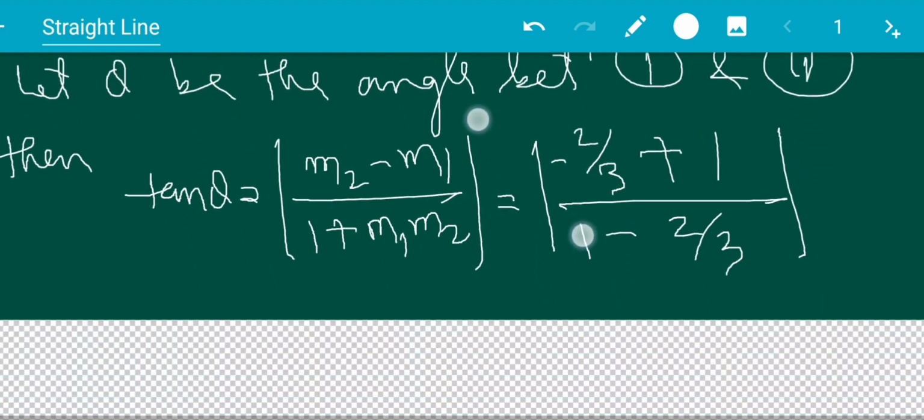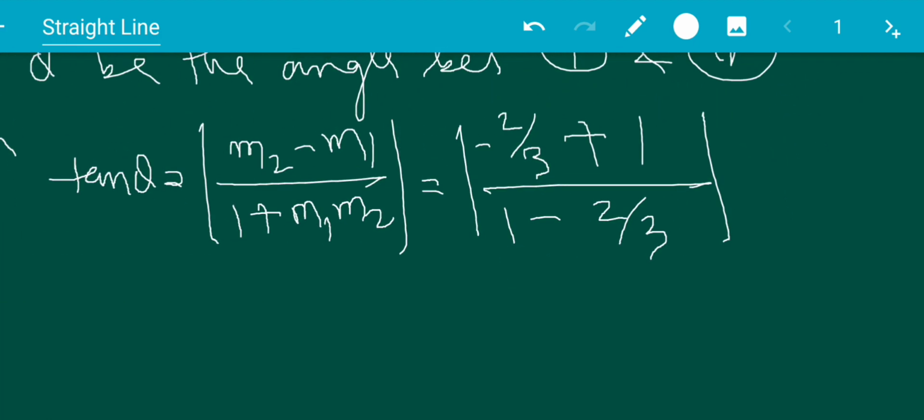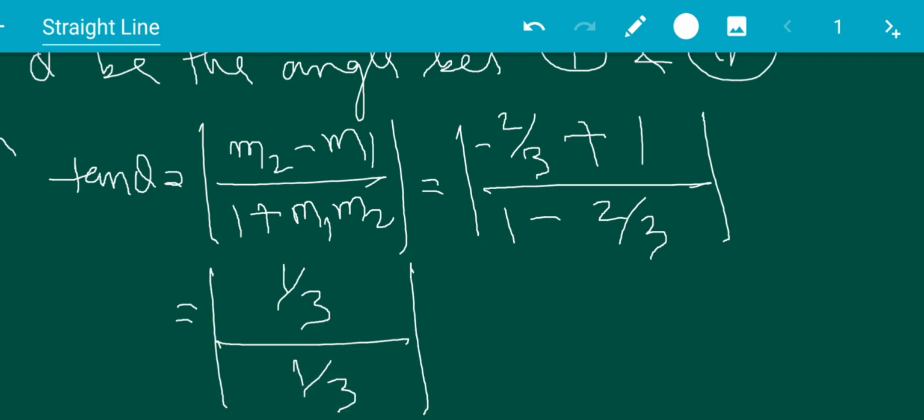So simply calculate these numbers. So this is 1 by 3 divided by 1 by 3, and this is nothing but 1. Okay, so this clearly is 1. So tan theta equal to 1, this implies theta is 45 degree.